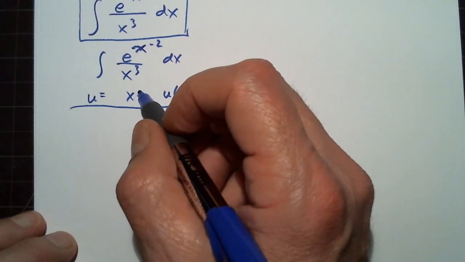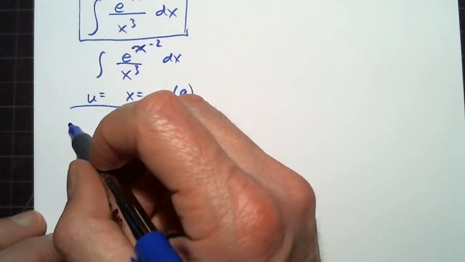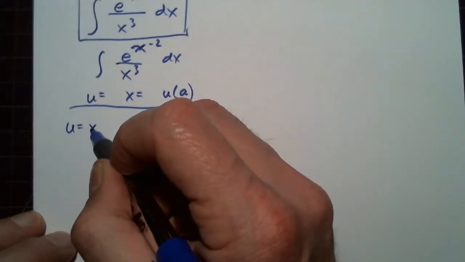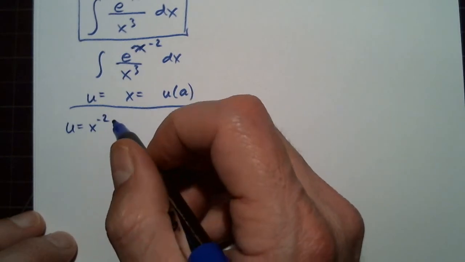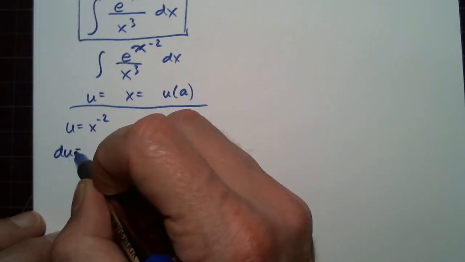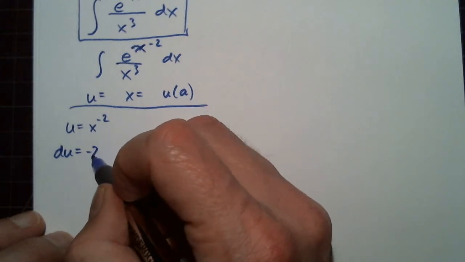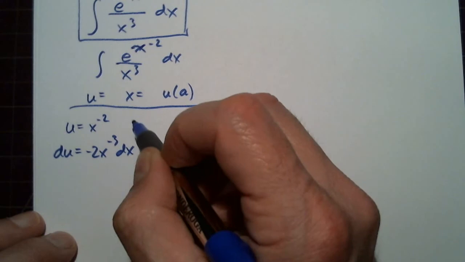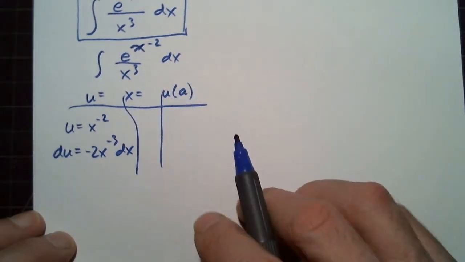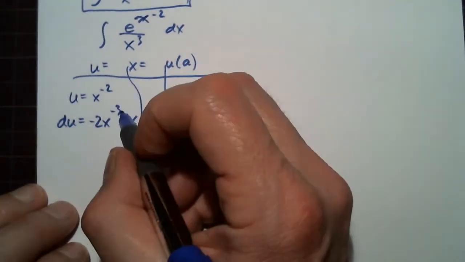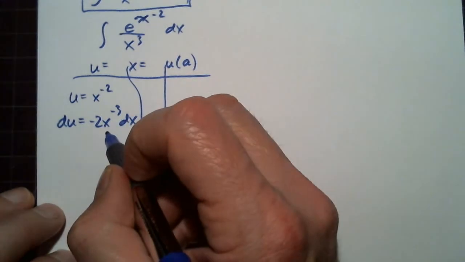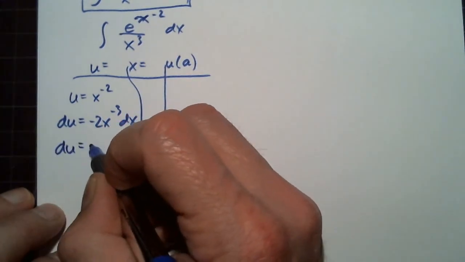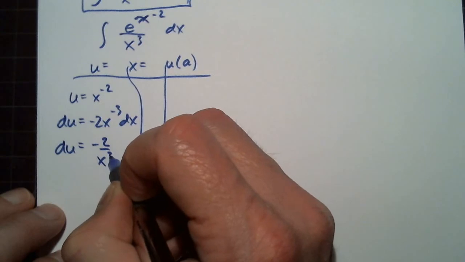So let's let u equal the exponent. The derivative is negative 2x to the negative 3 dx. And this is negative 2 over x cubed dx.